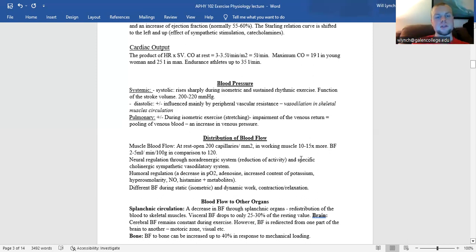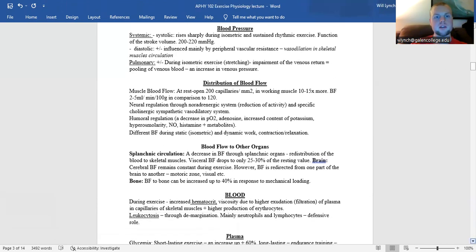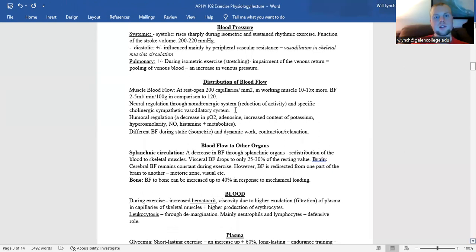So the distribution of blood flow, we're going to see a redistribution of flow to the skeletal muscle during work, right? Usually at rest, we're going to get about 200 capillaries or so open in working skeletal muscle per millimeter squared.